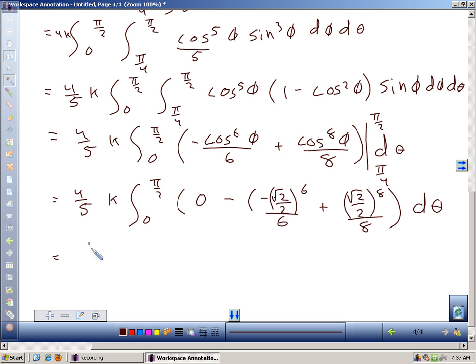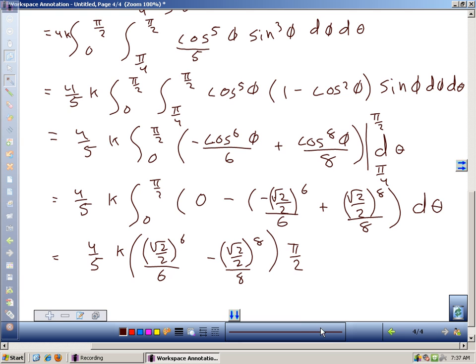So 4/5 k, times minus square root of 2 over 2 to the 6th over 6 plus square root of 2 over 2 to the 8th over 8, times pi over 2. That's good enough.